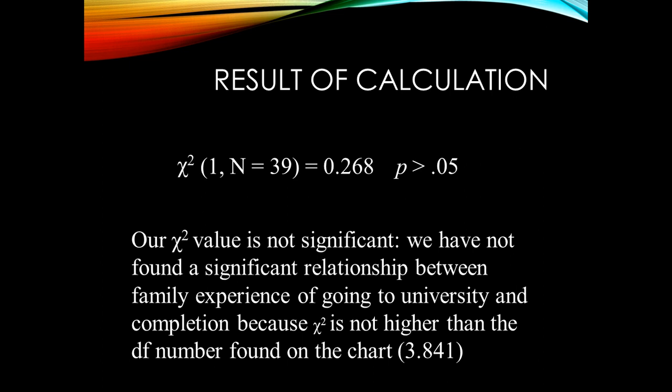There is no significant pattern to the numbers we've just looked at. So we have to say the null hypothesis is upheld and the hypothesis is rejected. There is no particular significant relationship, at least on that survey, between whether or not someone is first, second, third, fourth generation attending university and whether or not they drop out or graduate. No pattern at all, no relationship. It's all a bit random.